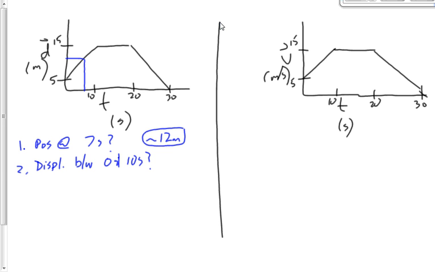Displacement is simply the change in position. We did that the very first day of Physics 20, right? The change in position. So what's the change in position between 0 and 10 seconds here? Well, the position at 0 seconds is 5. The position at 10 seconds is 15. So the change in position would be 10 meters. It's final position minus initial position.